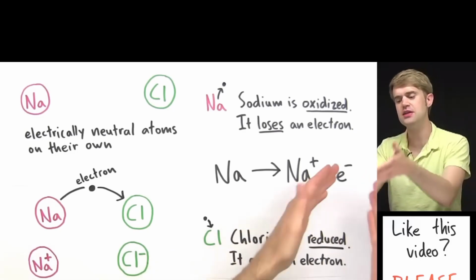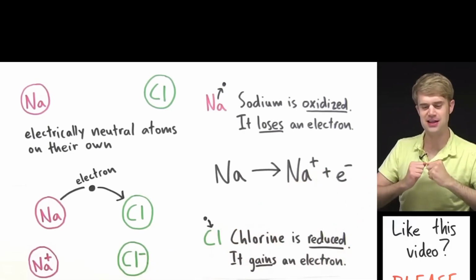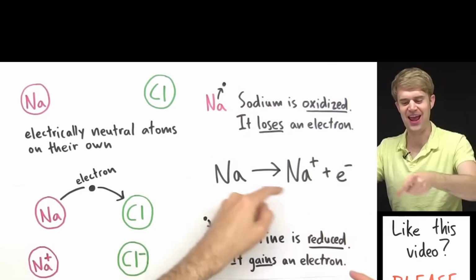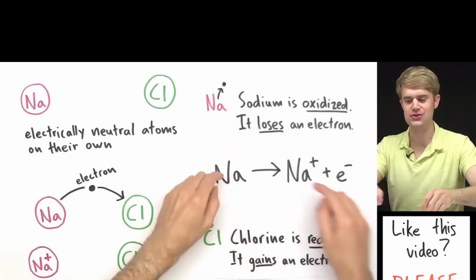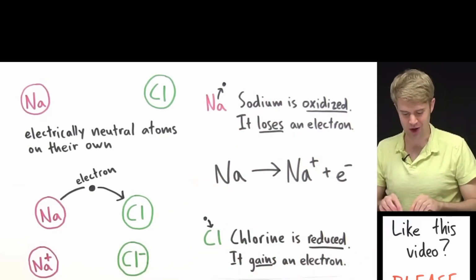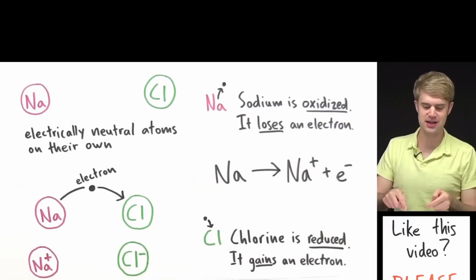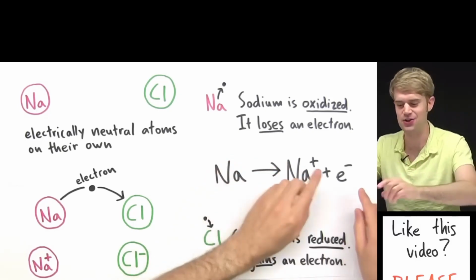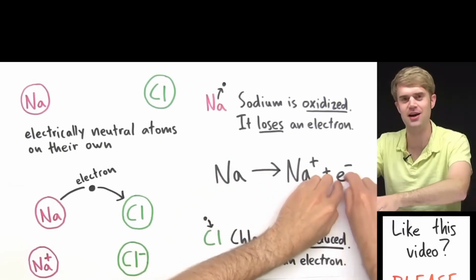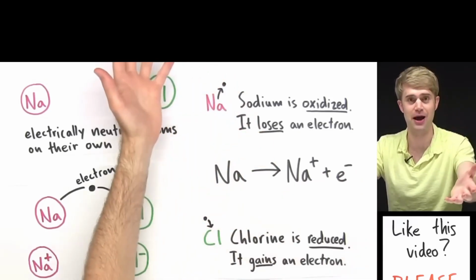Writing the electron on this side of the equation indicates that it's being spit out, that Na is losing it. It's no longer part of the atom. So to write reduction, we put the electron on this side of the equation because it's coming together with the atom. To write oxidation, we put the electron on this side of the equation because it's getting spit out.